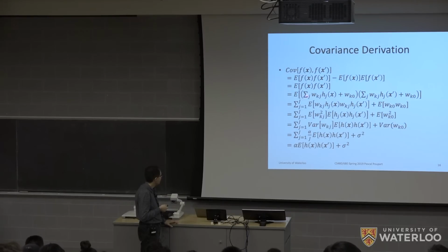Well, okay, so I guess what I would do is take this sum times this sum. So this will give me this expression here. And then the cross terms, this sum times wk0, since the expectation of wk0 is 0, this disappears, right? And then we're simply left with wk0 times wk0, which gives us this.